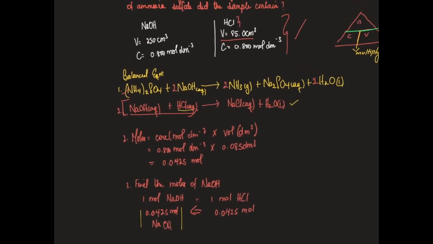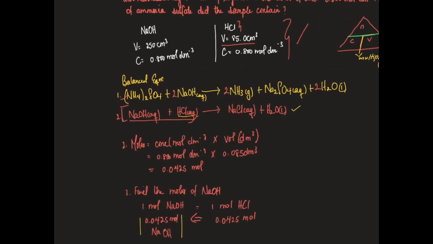Now, if we go back up here, we can also calculate the number of moles from this given information. Would this be the number of moles that reacted with ammonium sulfate? No, it would not be. It would be the number of moles in the original sample, that is, before the reaction took place.